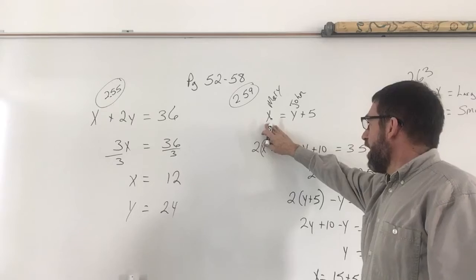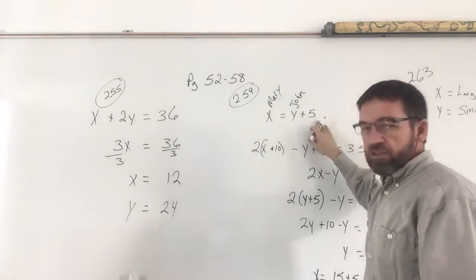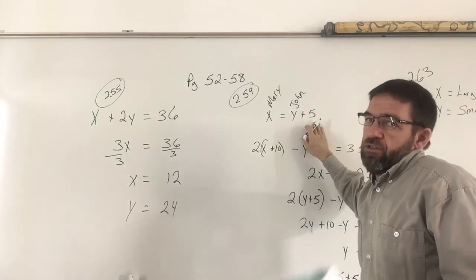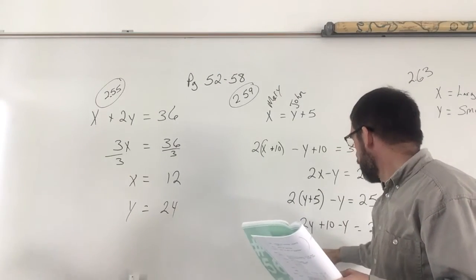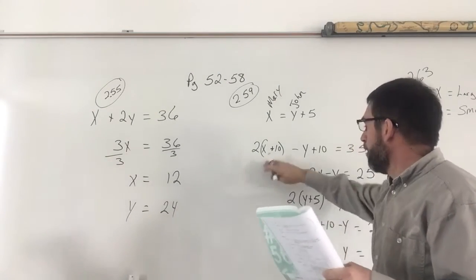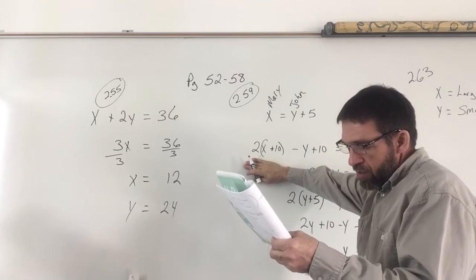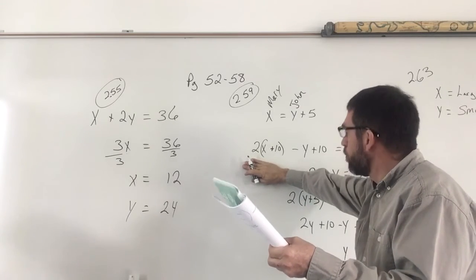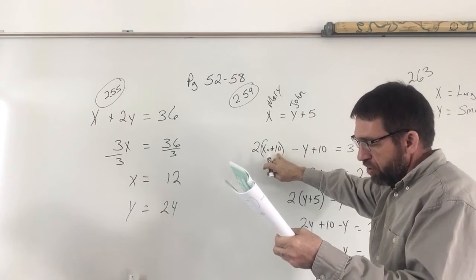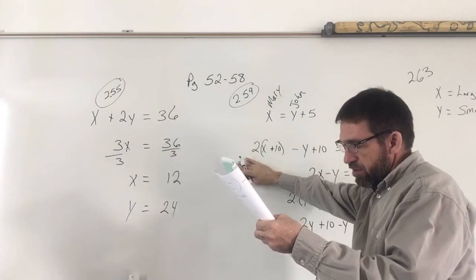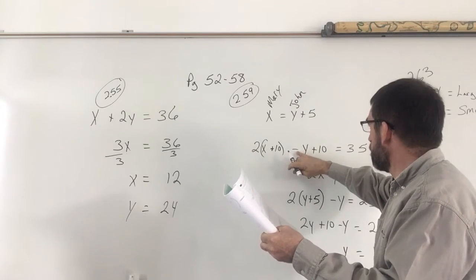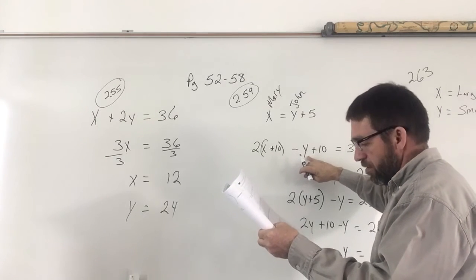So I'm going to say X equals Y plus 5. That's just an equation I put up there to help us figure out the rest. Now, in 10 years, John is going to be 2 times, decreased, subtract, Mary plus 10.